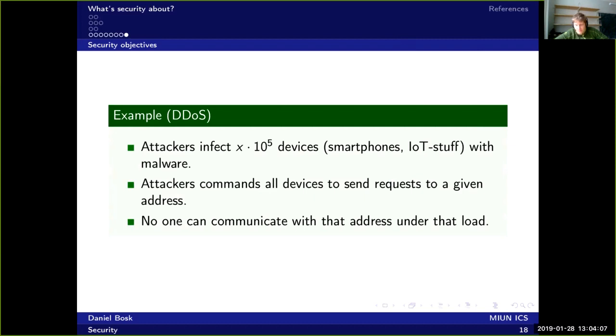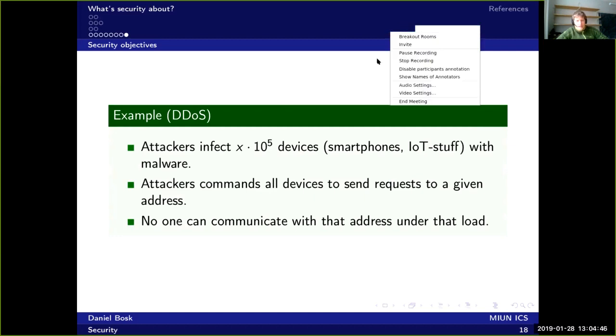And with such a load, this device is simply overloaded, so no real user of that service can communicate with it during this time. So there are various attacks where people have held services to ransom. So they do one of these distributed denial of service attacks and ask the company or organization to pay ransom and to make them stop.